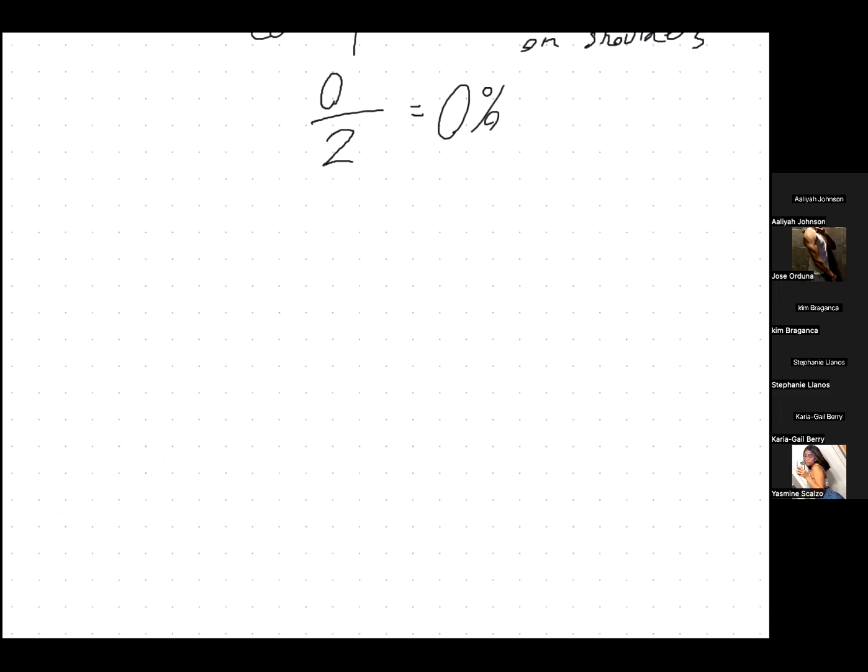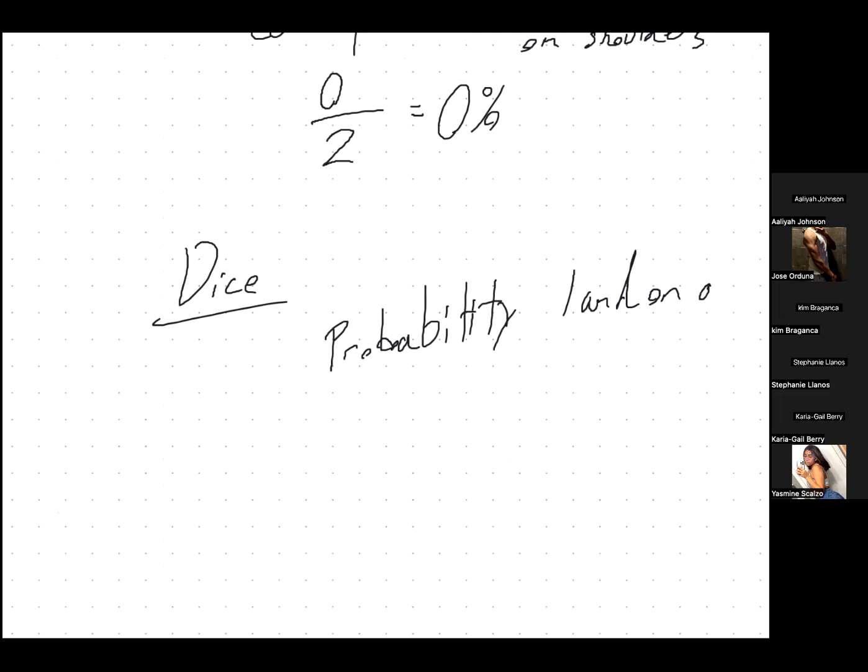Let's talk about a dice now. What is the probability, and we're going to do a normal dice, you land on a 6?